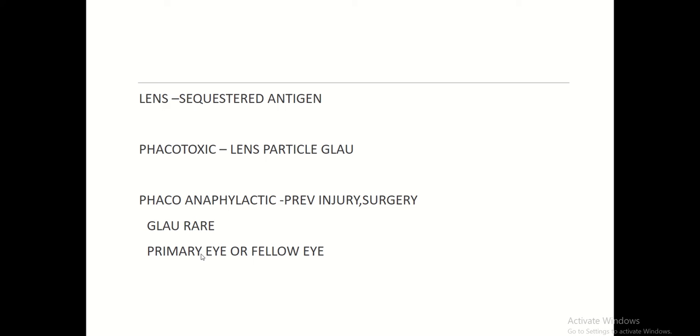When he undergoes a procedure in the right eye, he may develop a severe reaction and glaucoma. Or if he has sustained an injury in the right eye, but he is undergoing a surgery in the left eye, still the body will react to the exposed antigen in the right eye, and he will develop a glaucoma or a phacoanaphylactic reaction in the fellow eye as well. Fellow eye is the left eye.